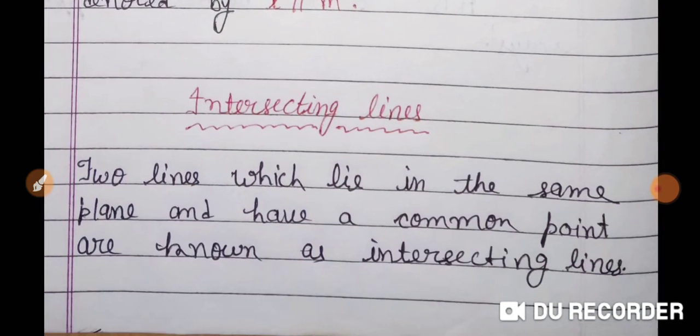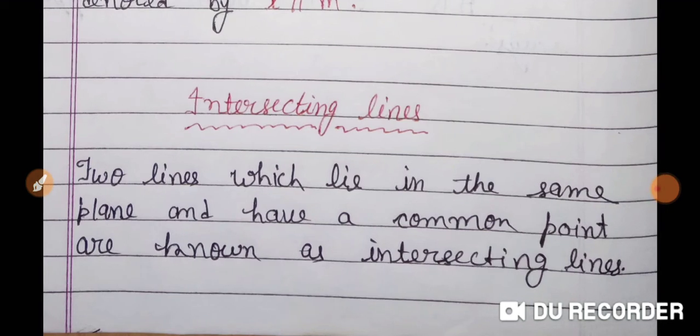Intersecting line. Intersecting line means which will cut. Both lines should cut at a given point. Means it will cut to each other. Both lines should cut to each other. Means two lines which lie in the same plane and have a common point are known as intersecting line.